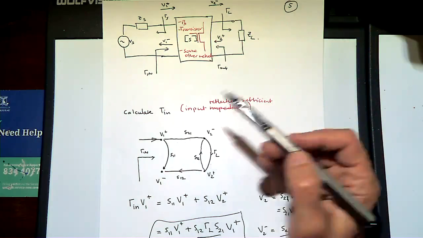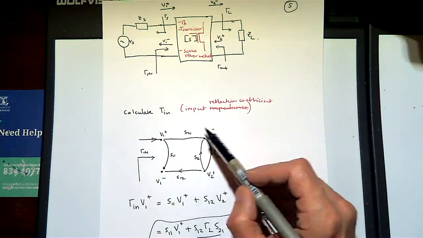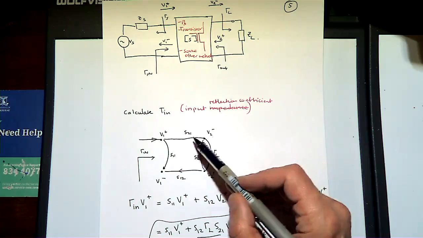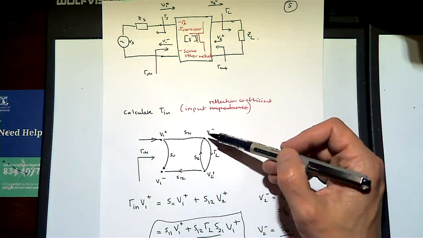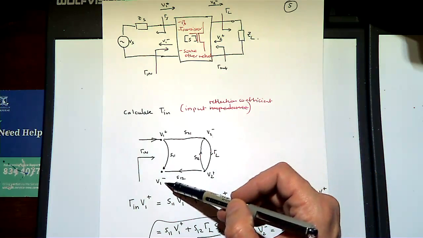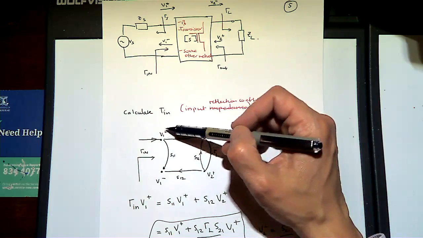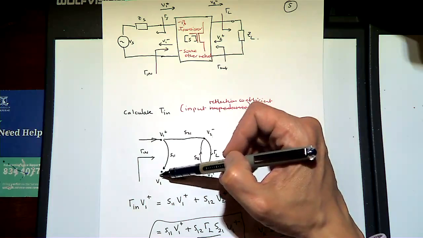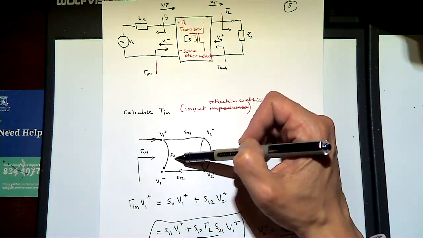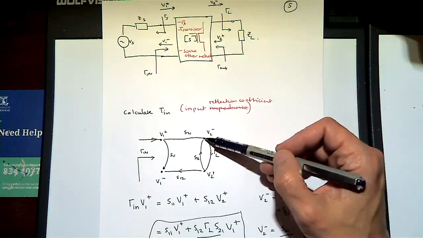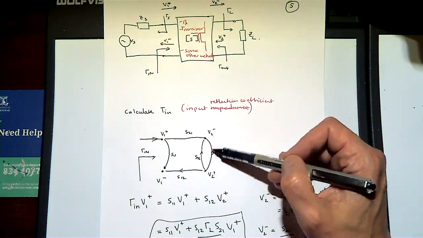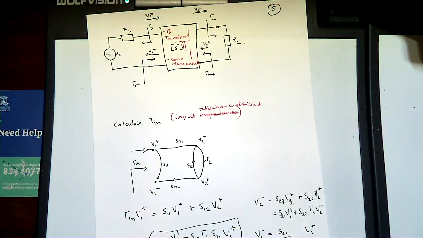Because it's a linear system, V1 plus to V2 minus is related by S21. We know that V2 plus is related to V1 minus by S12. We know that V1 plus leads to V1 minus through S11, and V2 plus goes to V2 minus through S22. And then we've got the load reflection coefficient here. So this signifies all the signal paths that we have in this particular network, right?